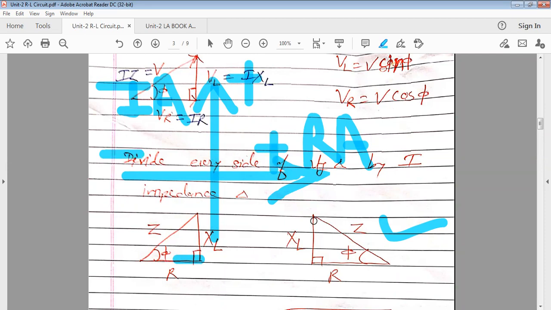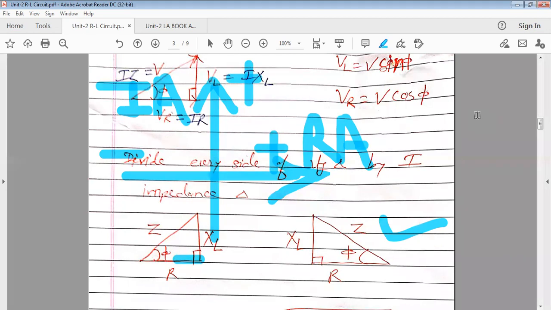Now compare this impedance triangle with these axes. R comes along which axis? Positive real axis. Correct. XL is coming along which axis? Positive imaginary axis. Correct.